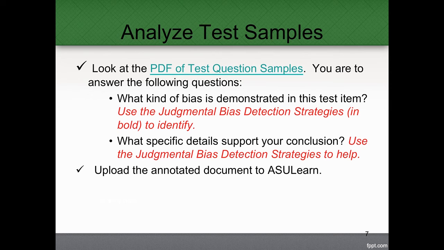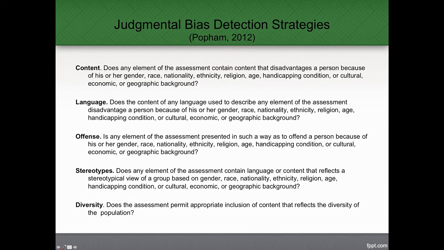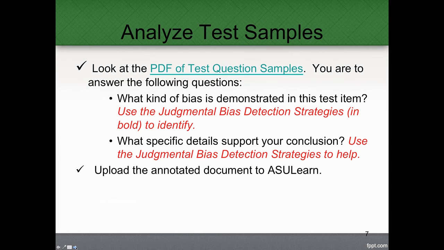What specific details support your conclusions? And again, you'll use the judgmental bias detection strategies, and this time you're going to use the content here to back up what kind of bias you notice in the test question. When you are finished, you will upload your document to the As You Learn link, and you'll be all set.